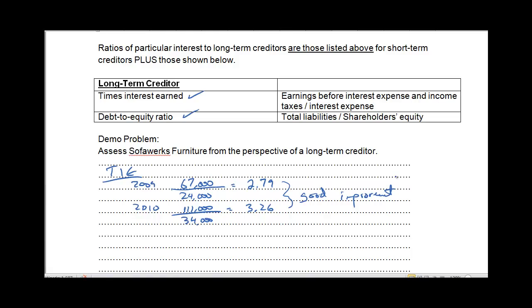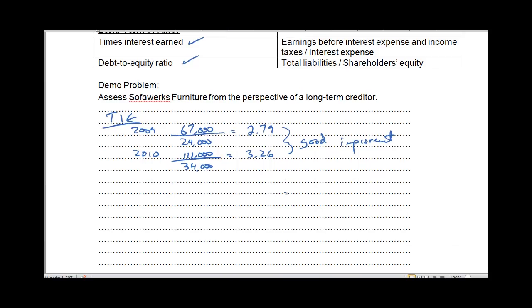Don't know. So we can't really tell in absolute terms whether 3.26 is a good number or a bad number, but we can say that it's going in the right direction, right? And so that would provide some degree of comfort to a long-term lender, but they will probably have some kind of industry average, from other clients if they're a bank or what have you.